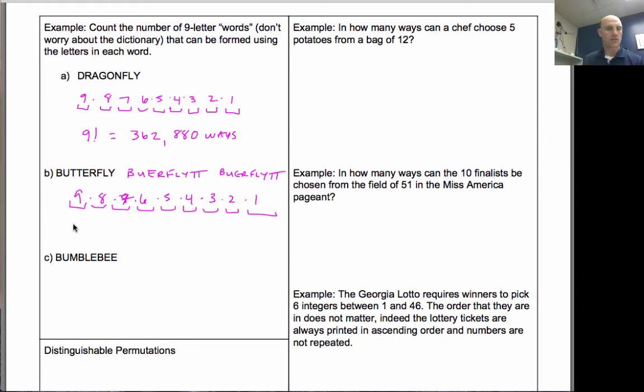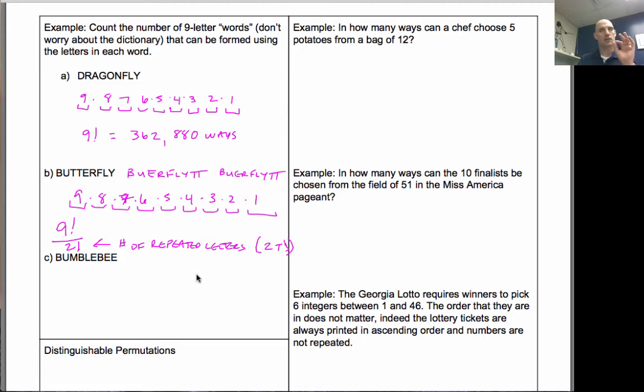So what we need to do for this one is take our 9 factorial and divide by 2 factorial, because 2 factorial is the number of repeated letters, 2 T's.